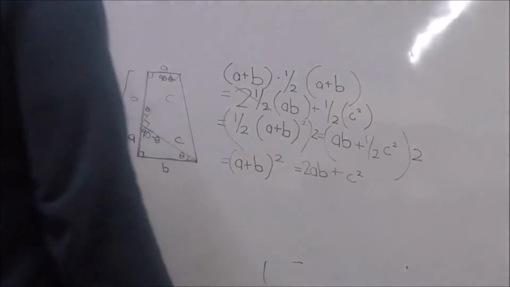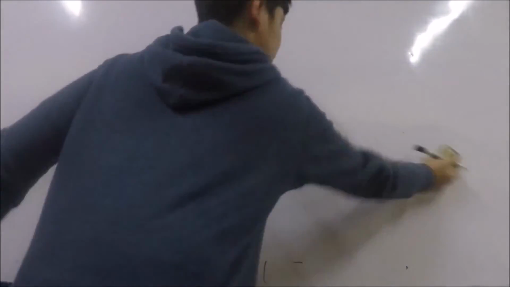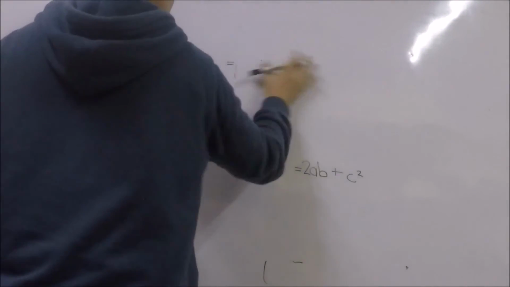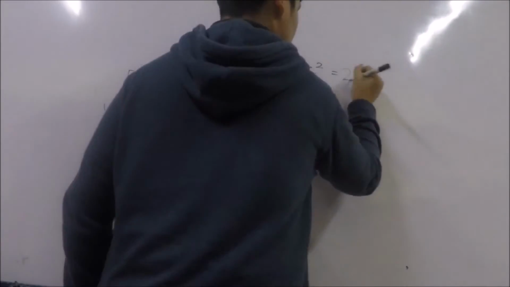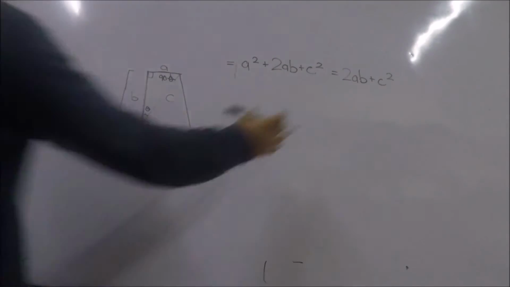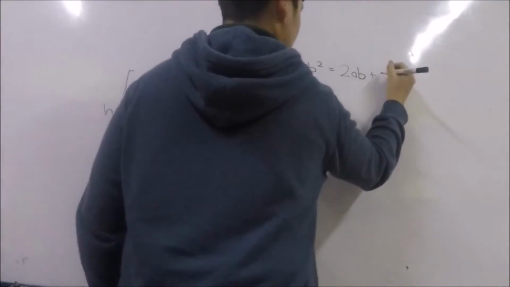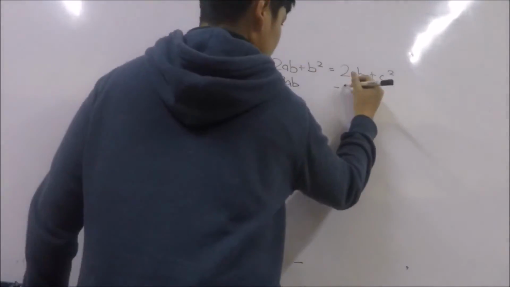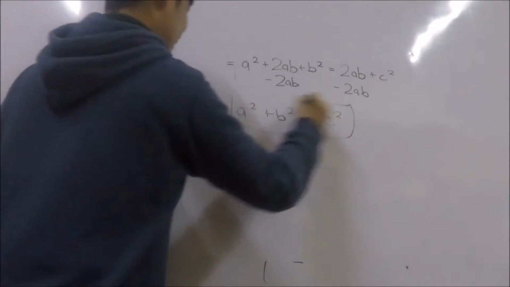Now if we multiply A plus B times A plus B, we get A squared plus 2AB plus B squared is equal to 2AB plus C squared. Since there are 2 ABs on both sides, we can cancel that out. And we are left with A squared plus B squared is equal to C squared, the Pythagorean theorem.